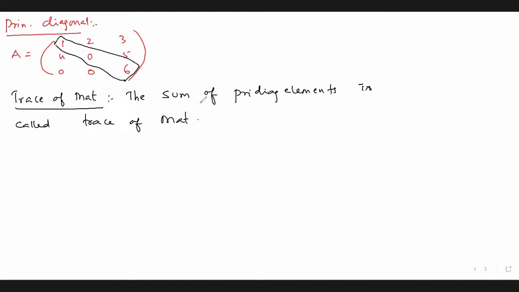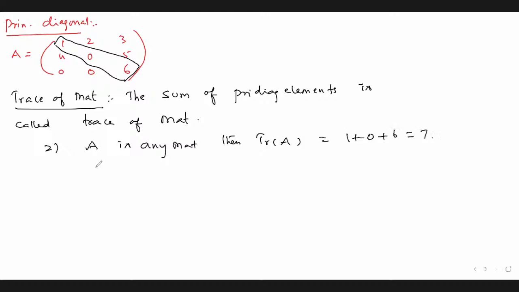The sum of principal diagonal elements is called the trace of the matrix. Suppose capital A is any matrix, then the trace of A is given by 1 plus 0 plus 6, which is equal to 7.